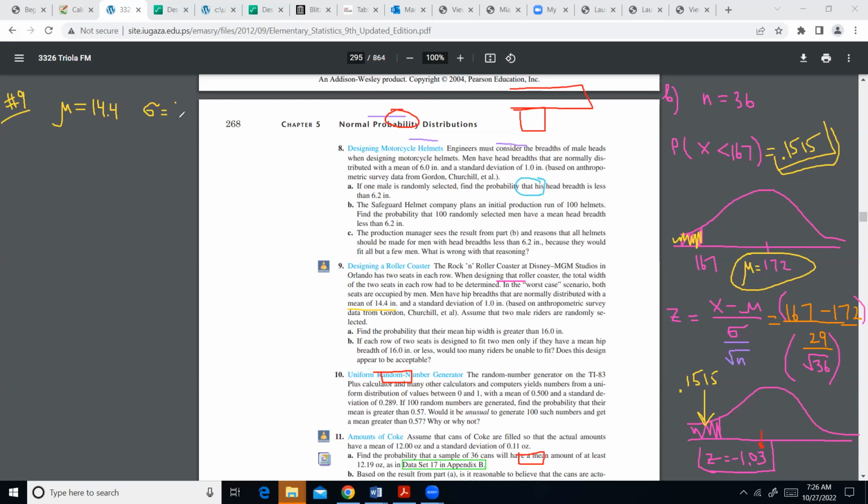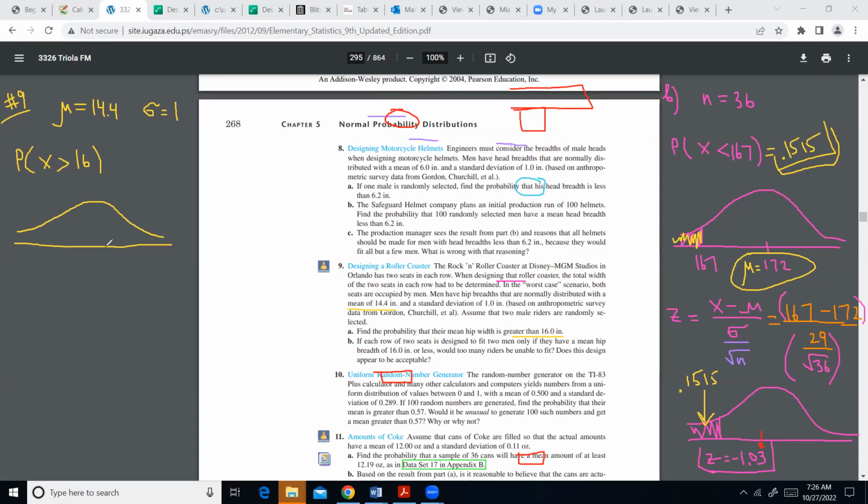Okay, sigma is 1. So the question is, what's the probability that somebody's hips are greater than 16 inches? So probability that X is greater than 16, that might bring a person into trouble. We don't want any accidents to happen.